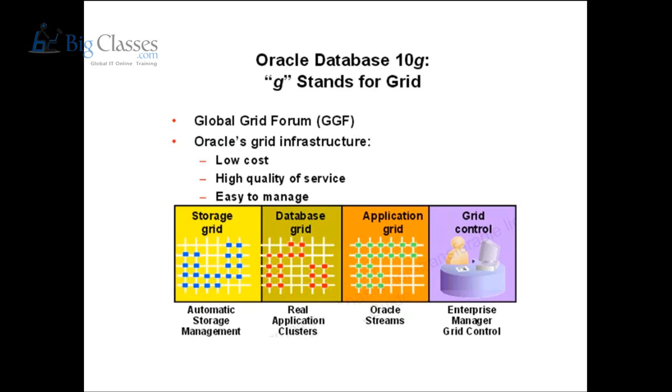So what they did is, instead of one machine, they grouped all the software that was running on that machine, right? They grouped all the application related software, they grouped all the database related software, and all your storage was grouped, right? And they installed each of them on a different machine. All your application related software was installed on an application server.